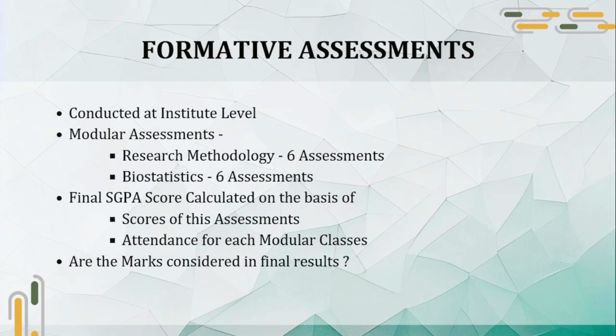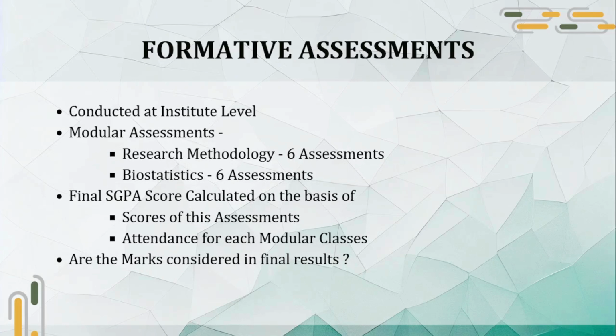Moving forward, the formative assessments that will be conducted at your institute level are also called modular assessments. There will be 6 assessments for research methodology and 6 for biostatistics. The final SGPA score will be calculated on the basis of the scores of these assessments and attendance for each modular class. So if your university, college or institution is strict in terms of attendance, you have to make sure your attendance is sufficient to get a proper SGPA score.